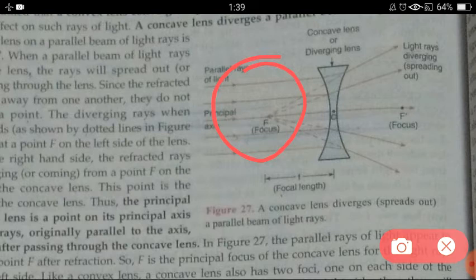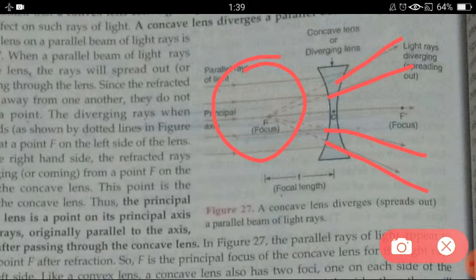So when these lines pass through the concave lens, what happens? This concave lens diverges the light rays. When the light rays go away from each other, it is called divergence. So after refraction the light rays are going away from each other, so here divergence takes place. So that's why concave lens is called a diverging lens.